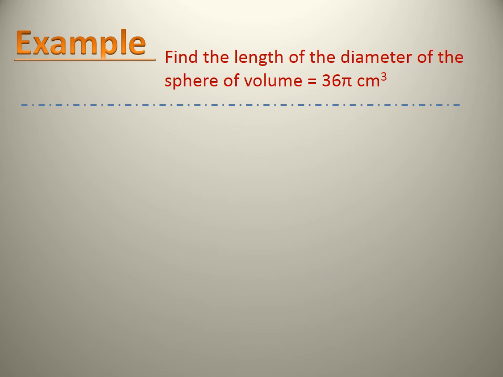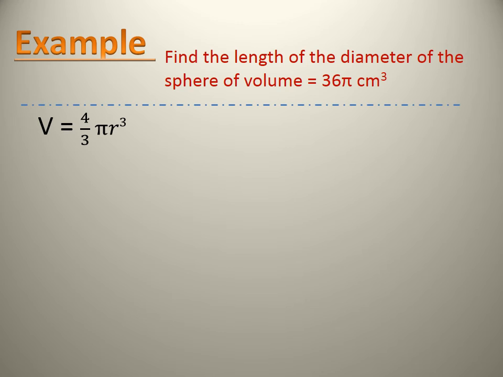Okay, let's take another example. Find the length of the diameter of a sphere of volume 36π centimeter cubed. By using the formula of the sphere, V equals 4 over 3 π r cubed.